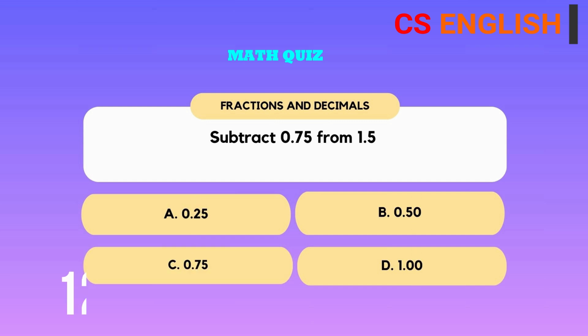Subtract 0.75 from 1.5. A. 0.25, B. 0.50, C. 0.75, D. 1.00.